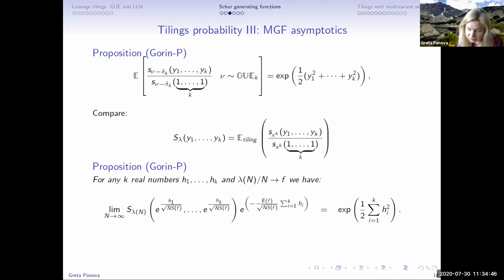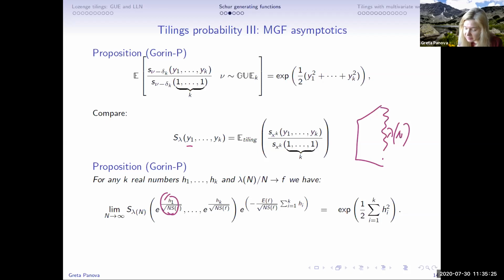And now let's go back to our tiling. So in the region that was parameterized by a lambda, like this, the Schur generating function was this normalized Schur. And now we need to do some asymptotics, and this is how we actually know where the rescaling comes from. So if we plug in these variables, this exponential normalized by square root of n, then we're subtracting something that would correspond to the mean.